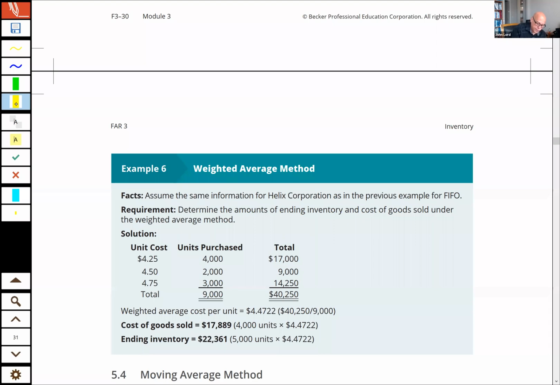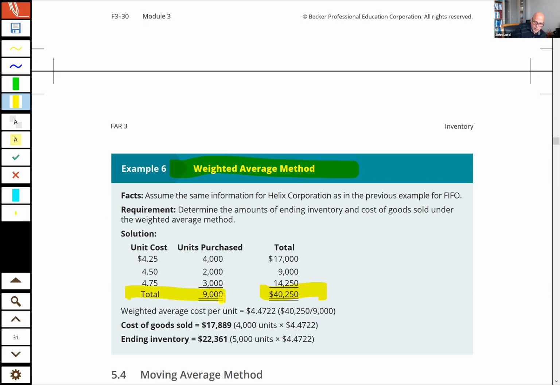So let's say you got that question. I would recommend you start with weighted average, because weighted average is the easier of the methods that we use. So what happens? Notice they take everything they bought. There's no beginning inventory. They take everything they bought, 40,250.